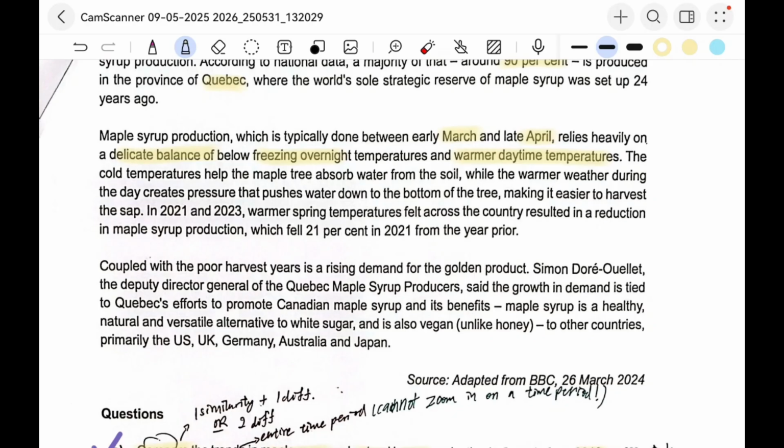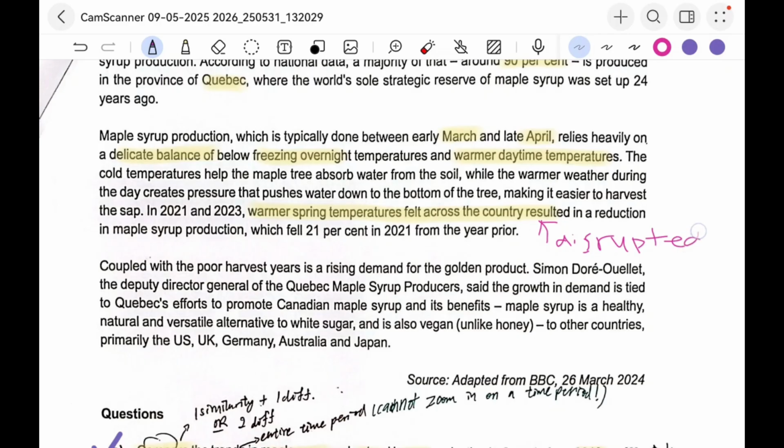In the day, the temperature need to be higher so that it can facilitate the production. But here they say that warmer weather across the country. So this means that even at night, the temperature is quite high. So this is disruption to again the supply. Actually, this case, a lot of it is talking about how the supply is being disrupted.